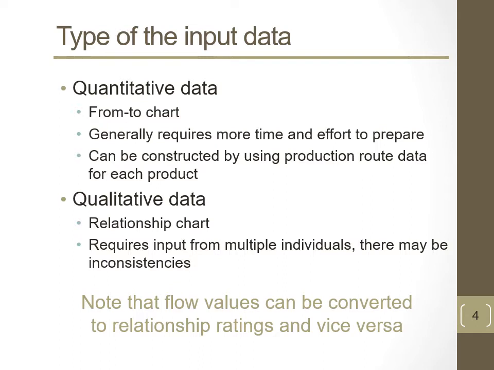So for example, in order to construct a relationship chart using a from-to chart, what you can do is say, okay, if in the from-to chart a flow from one department to another is larger than 100, so this 100 is a threshold value that you use, then you can assume it as absolutely necessary.